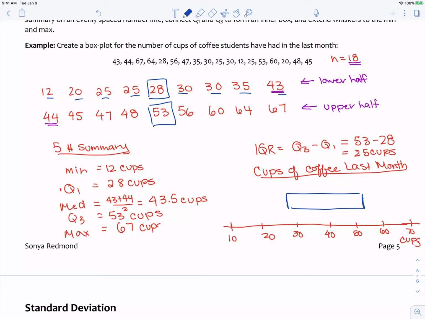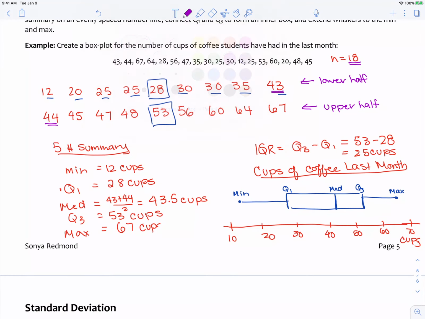The median was 43.5, so I'll put that as a vertical line inside. So this is the median. This is Q3. This is Q1. And then I'm going to add the minimum and maximum and whiskers out to those. So 12 cups is the minimum and 67 cups is the maximum. So somewhere like that. Okay.